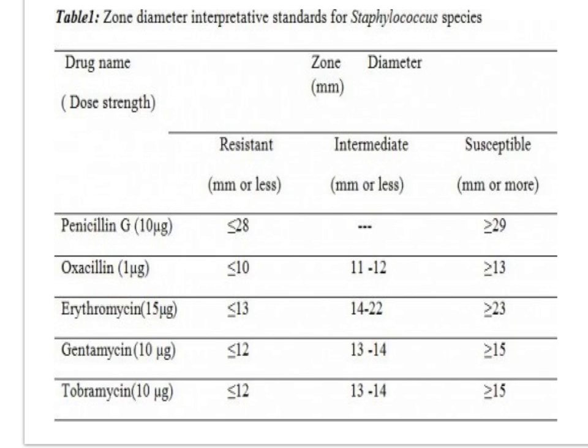If the zone of inhibition is 29 millimeters or larger, the Staphylococcus would be considered susceptible to the penicillin. Testing resistance to erythromycin at a standard dosage, the ring of inhibition can be up to 13 millimeters, and the Staphylococcus would be considered resistant.